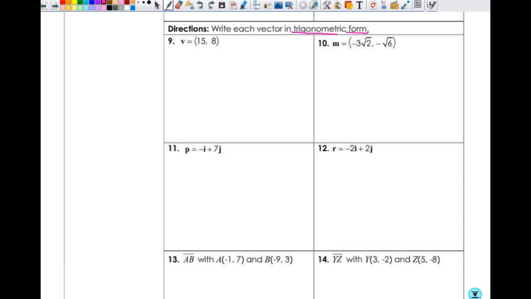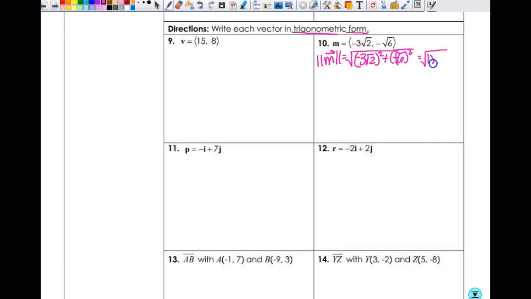Yeah, so the magnitude of m is the square root of negative 3 square root of 2 squared plus negative 6 square root of 6 squared. So what's negative 3 square root of 2 squared? It's going to be 18, right?